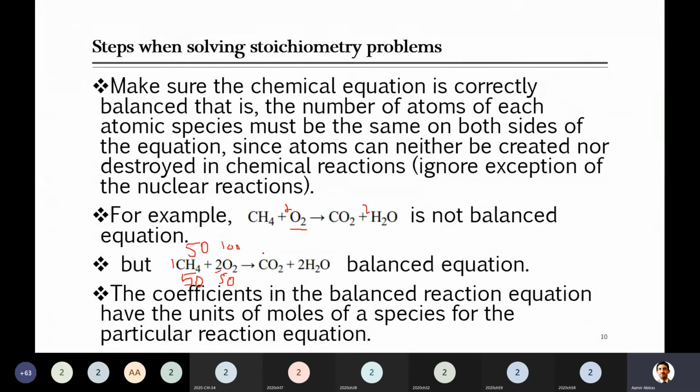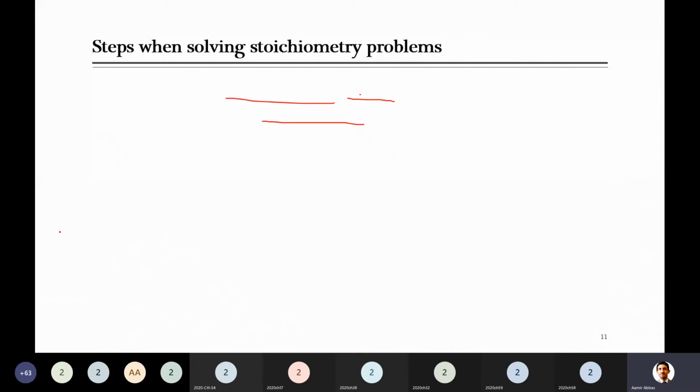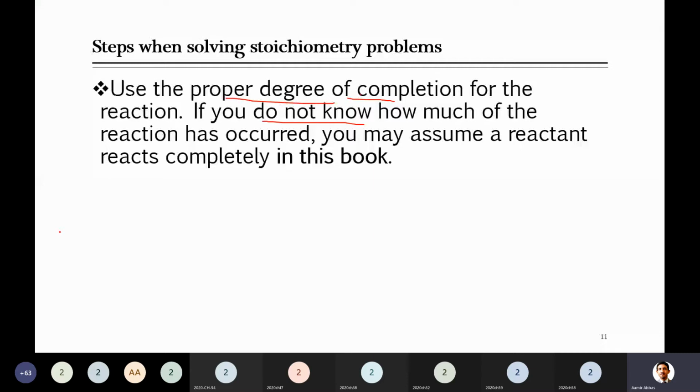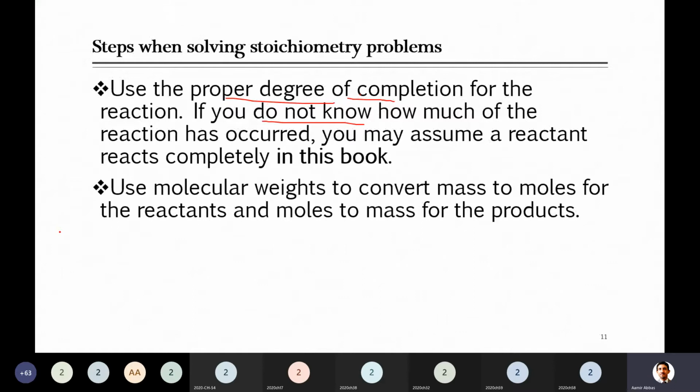When you say amount, you have to deal with the same units in the equation. If input is written in mass and output is written in mass, then the generation and consumption terms should also be written in mass. So how can you write them? You can convert those moles based on the stoichiometric equation.